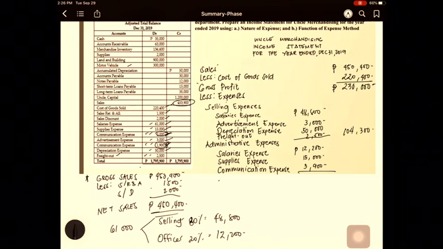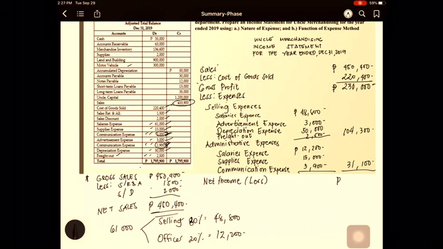On the other hand, the total administrative expenses should be 12,200 plus 15,000 plus 3,900. So this is 31,100. You just deduct the values of the selling expenses and administrative expenses from the gross profit, then we should still be able to get the same amount of net income or net loss.